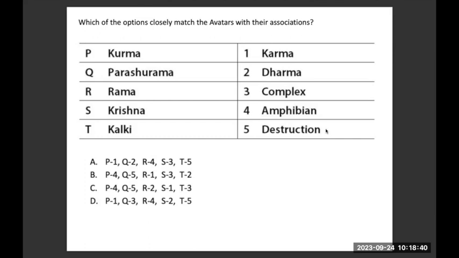Then compare the two remaining options, and wherever you find variations, go with that and find the answer, and you'll get it very easily. You don't have to get confused much. So if you know, for example, the association of Parshuram or Ram or Krishna or Kalki also, as a matter of fact, start with that first.